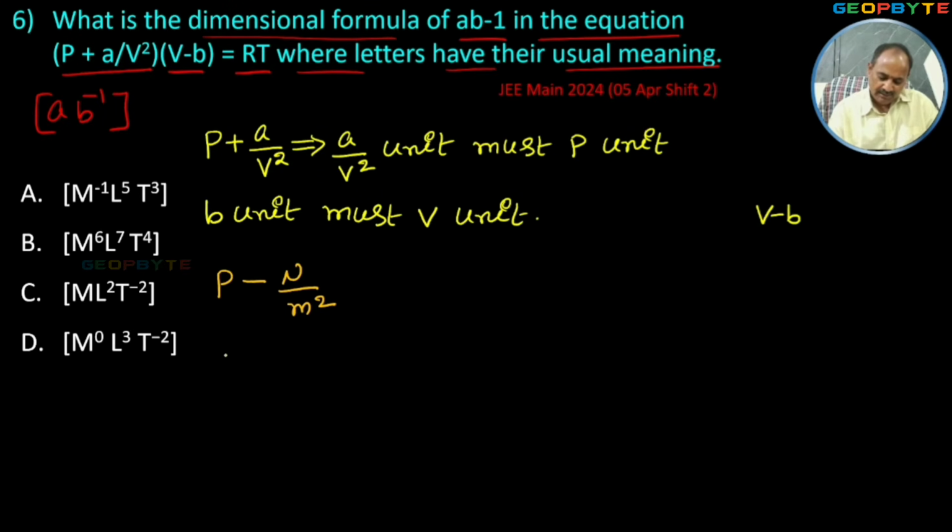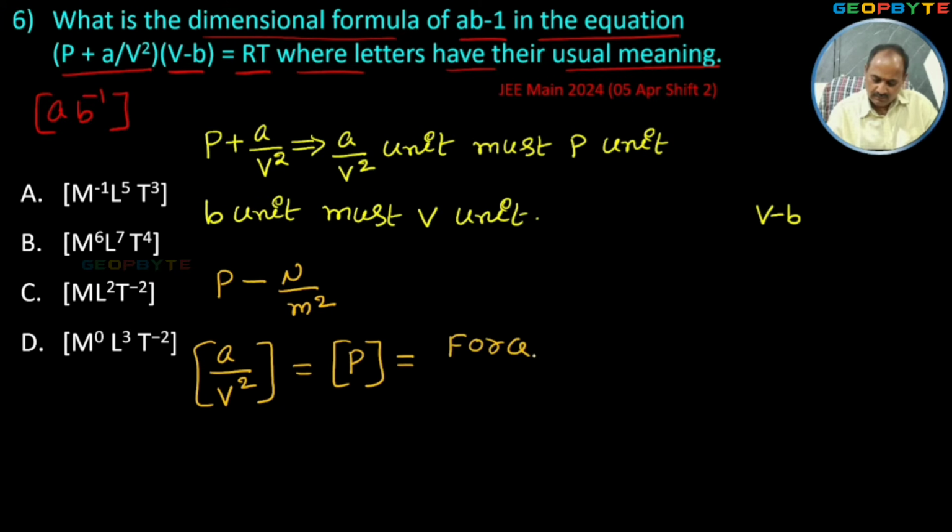Now let us write the dimensional formula for a by v square. It must be equal to the pressure dimensional formula. Pressure equals force per unit area.